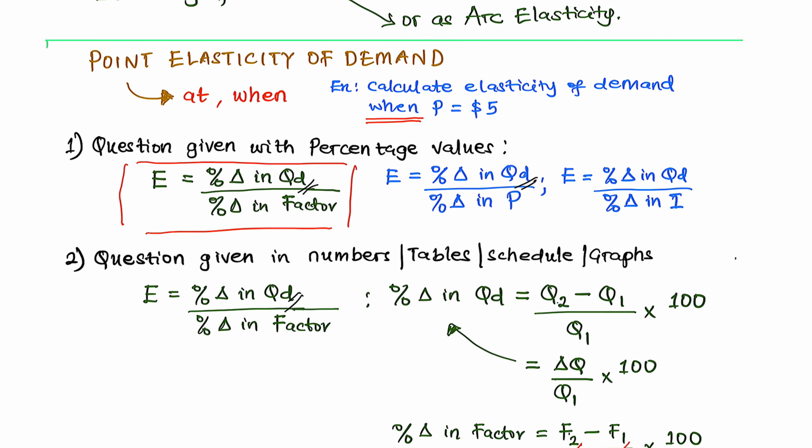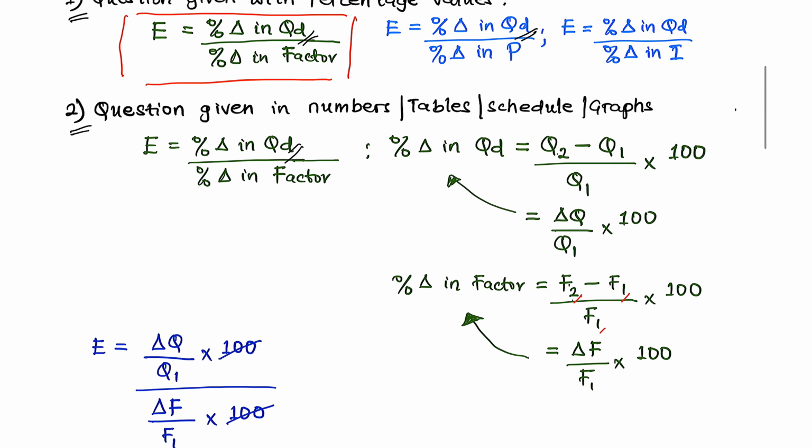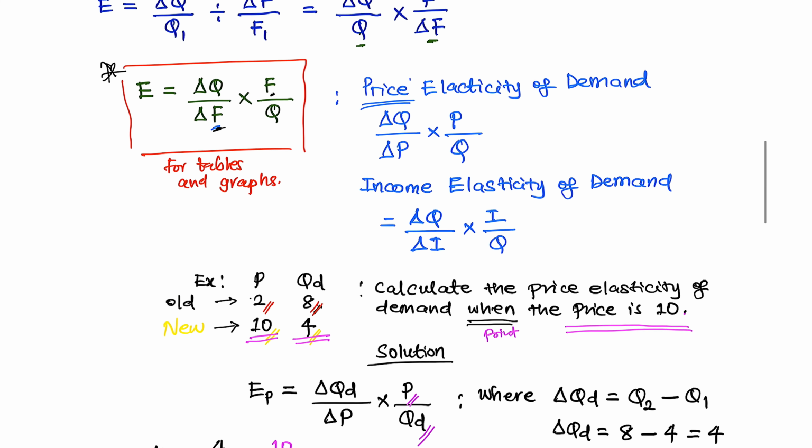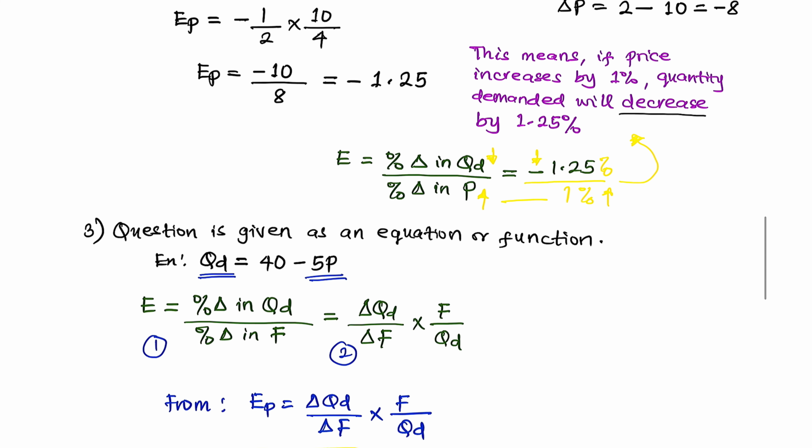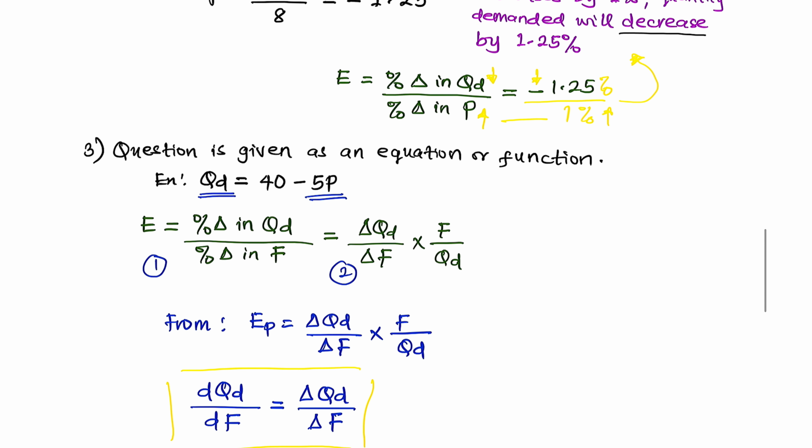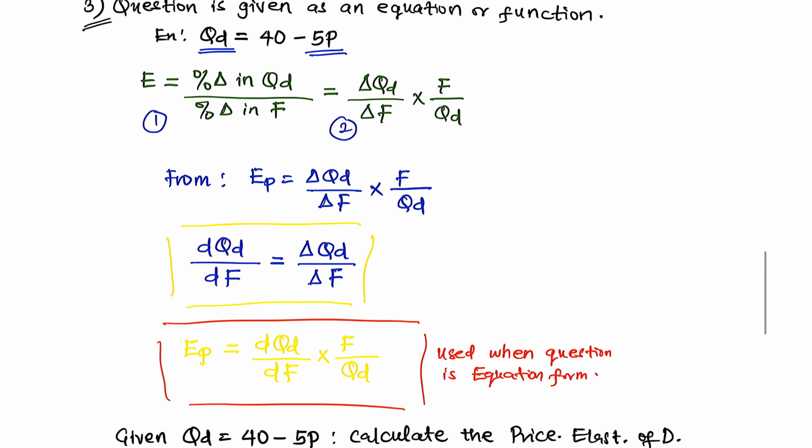So point elasticity of demand will just become point elasticity of supply. So anywhere you see QD, simply replace it with QS and the rule and everything still stands, in terms of when you have percentages, in terms of when you have numbers, tables, schedule, or graphs, and in terms of when you have the question given to you as a function or an equation.